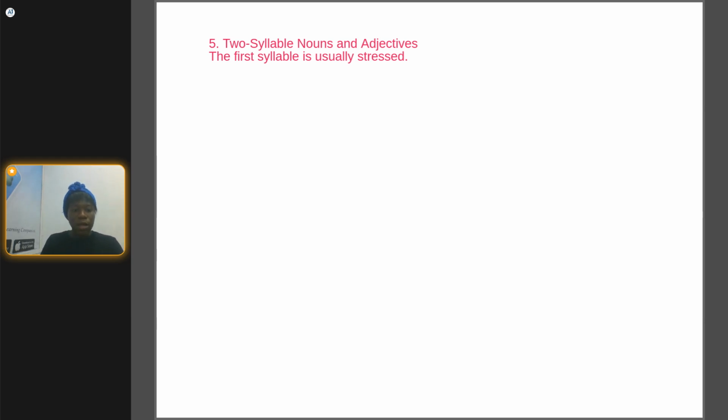And we have words like table. We looked at this yesterday. Let's look at table, window, and happy. These words have two syllables. Table is a noun, window is a noun, happy is an adjective.